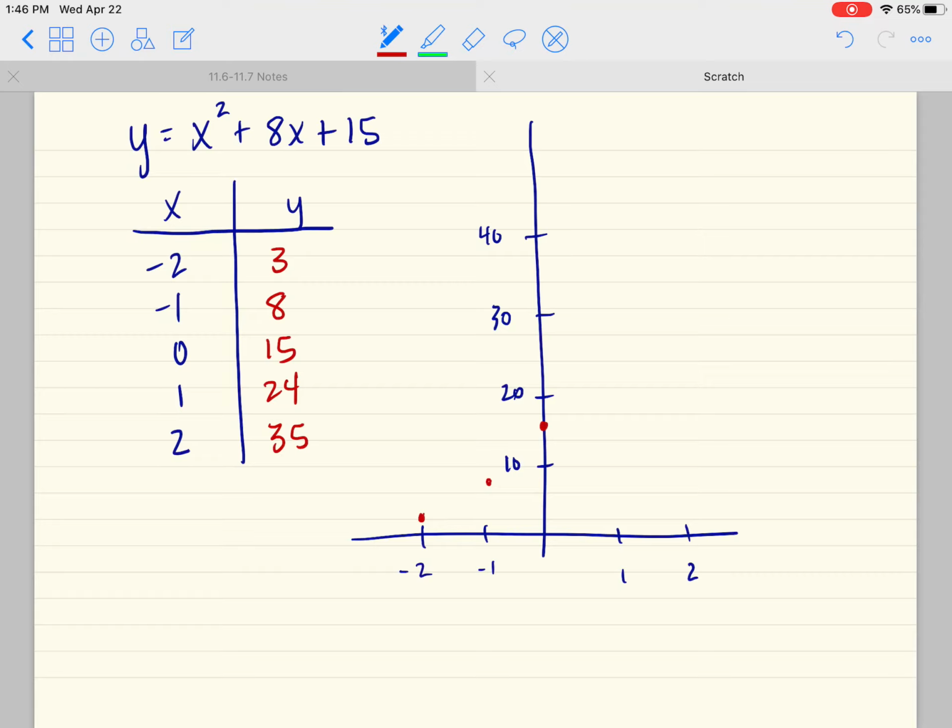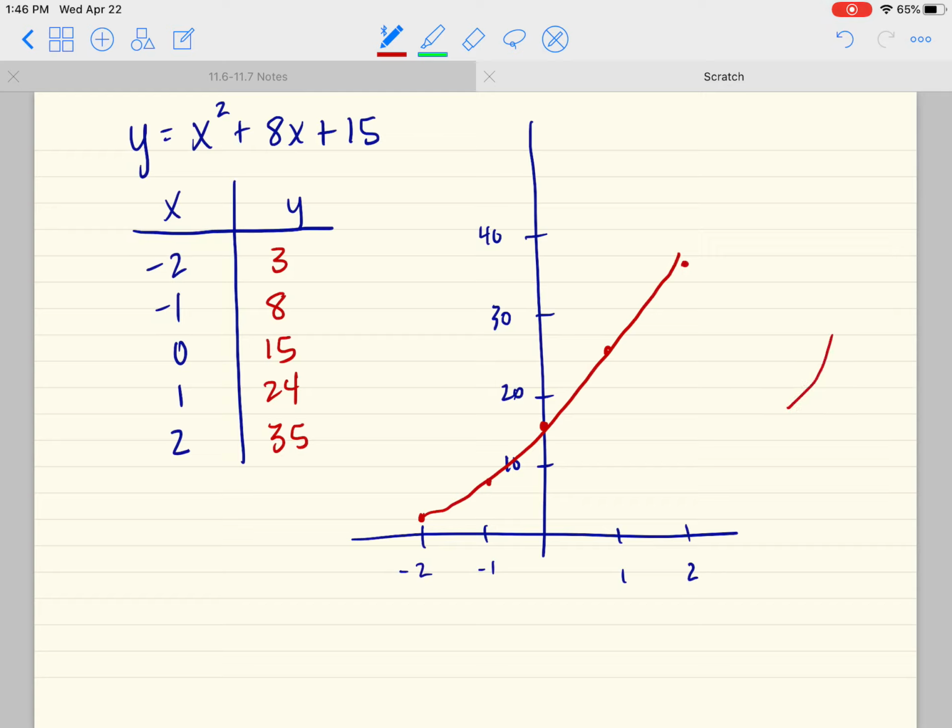So at negative 2, we ended up at 3, so somewhere here. And then at negative 1, we were at 8, so we're higher. And then at 0, we're at 15. And then at 1, we're at 24. And then at 2, we're at 35. So I see a little bit of a curve here, but what's the issue?